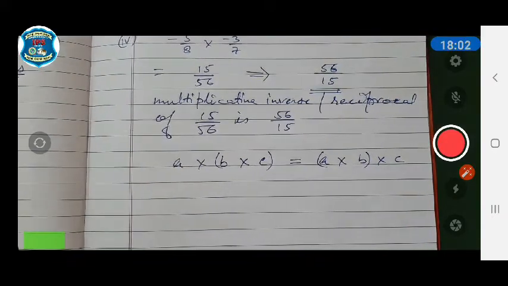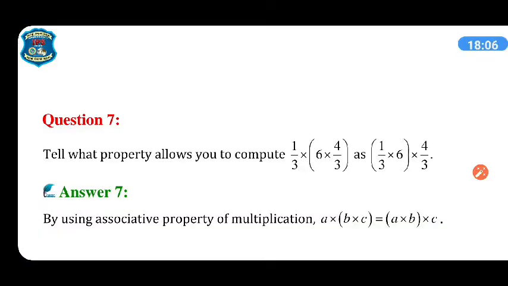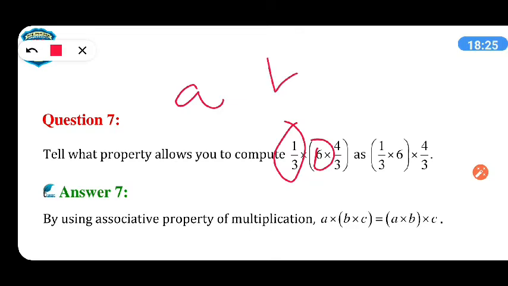So look in your question. You have to write in this way: by using associative property of multiplication, A into B into C is equal to A into B into C, right? Here in this question, this is A and this is B and this is C, right?